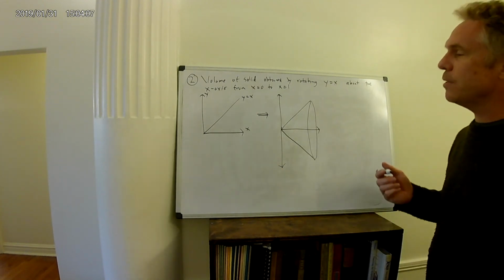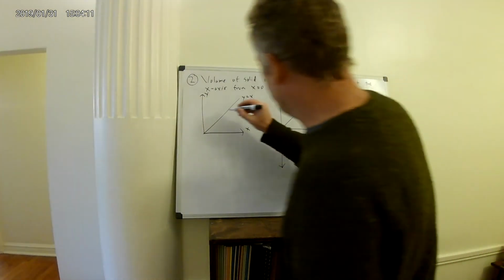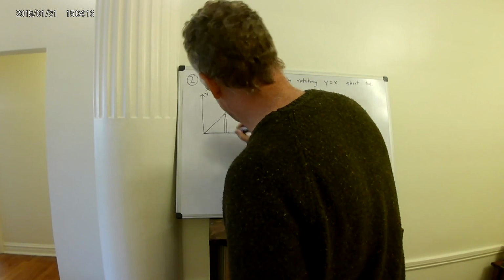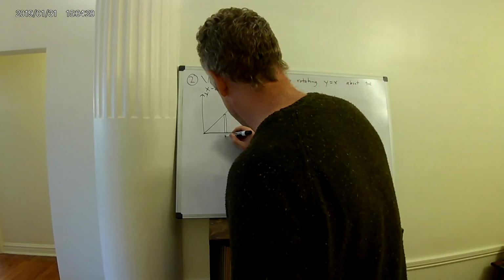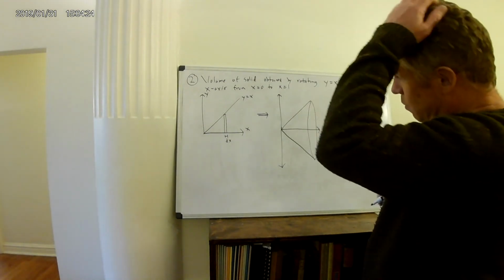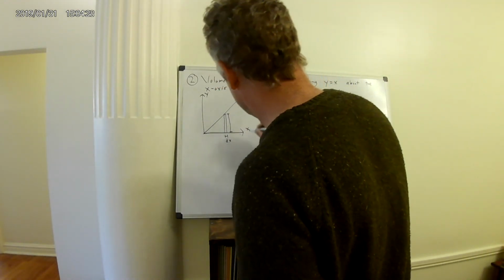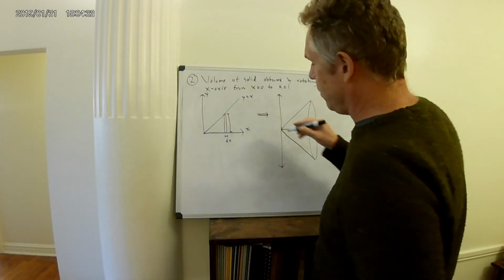Well, we're going to use that same volume integral we had. So what we're going to do is divide this region into slabs. Let's imagine this is one slab we have here, and this slab has a thickness of dx. Okay, what is the height of this slab? In this case it's a rectangle, not a slab yet.